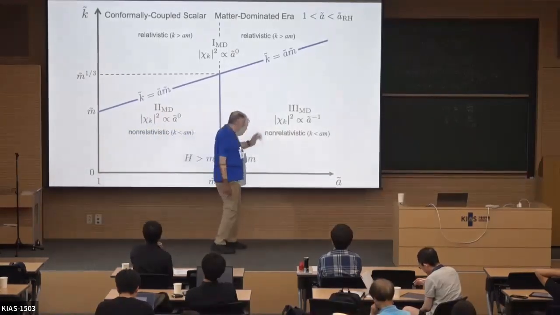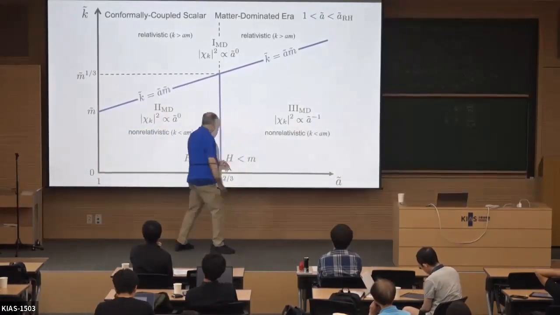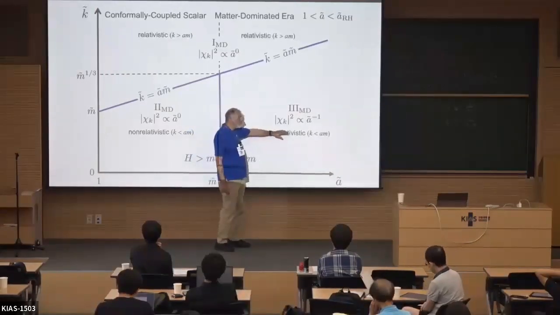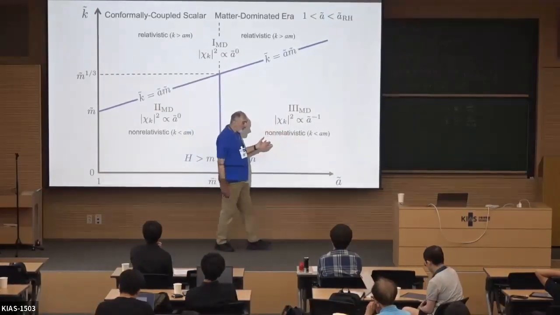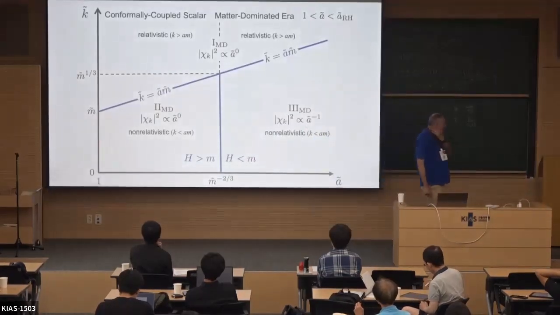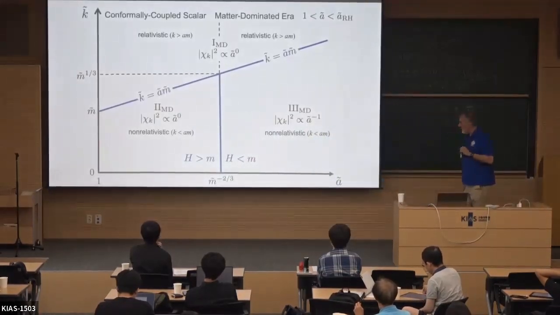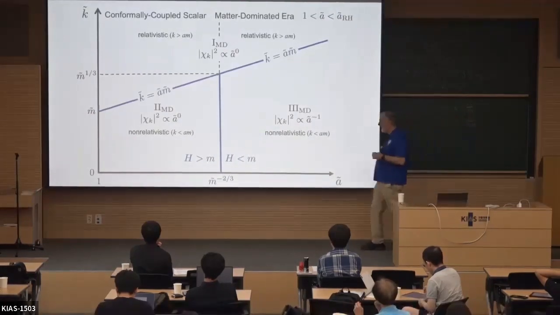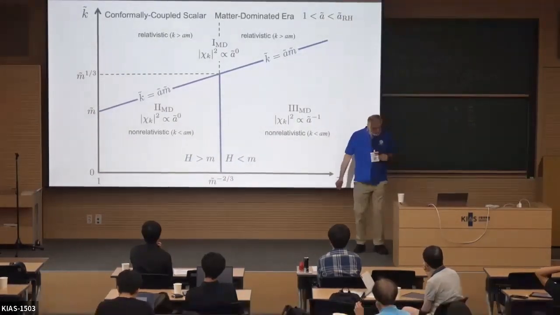And if h is smaller than m in the non-relativistic region, the argument of the Bessel function will be larger than 1, and chi k squared will be proportional to a to the minus 1.